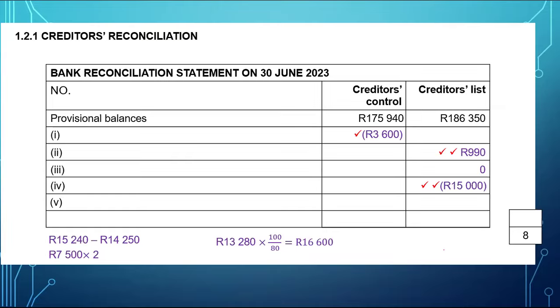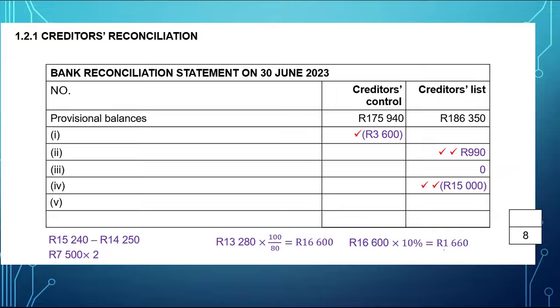Both the creditors control and the creditors list were incorrectly recorded. What we are going to do is to find the 10% of this full amount, which is the 100%, and that will give us 1,660. It means one thing: it means we still owe 1,660.